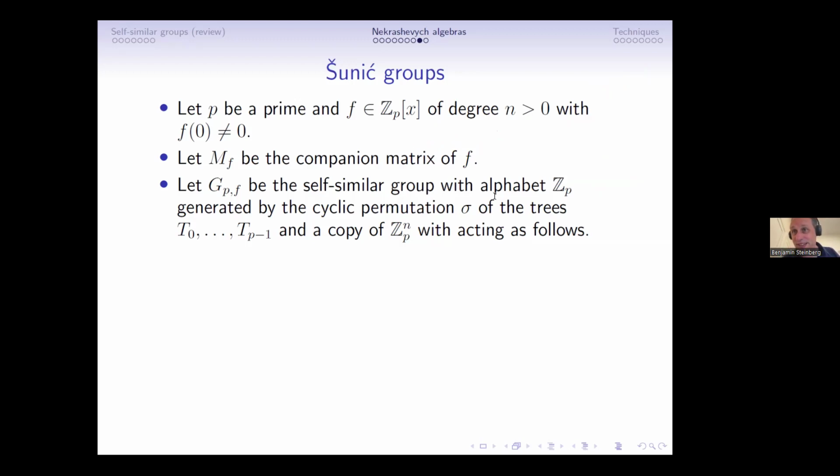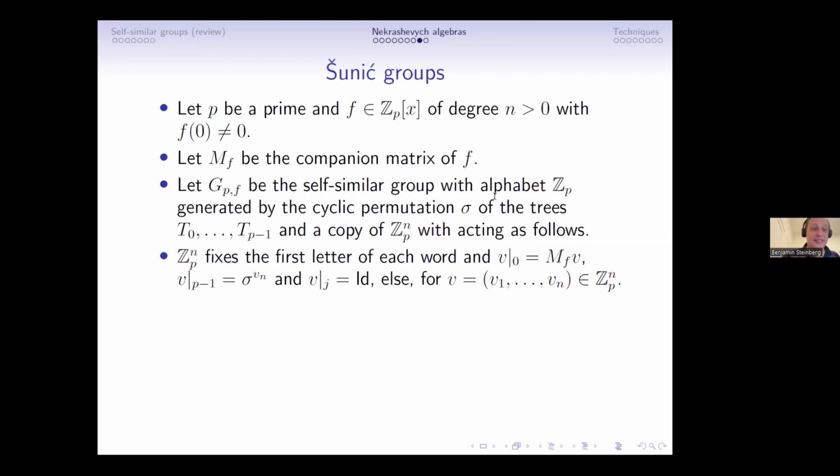Okay, I think I can now delete all that stuff that I did. It's also going to be generated by a copy of Z mod P to the n, so a vector space of dimension n, which acts as follows. Elements of Z mod P to the n fix the first letter, and then they act on the other letters in the following way.